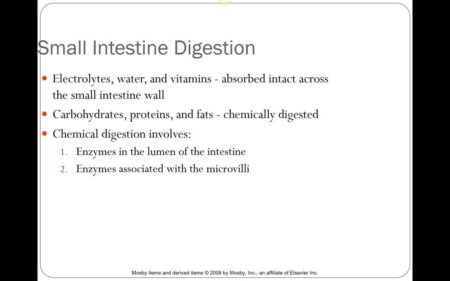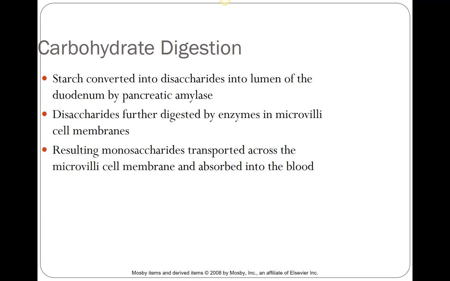Digestion in the small intestine: things that are going to be brought in are electrolytes, water, and vitamins, which are all brought across, and carbohydrates, fats, and proteins, which are chemically digested and brought across. They're brought across from the lumen of the intestine, and with the assistance of enzymes in the microvilli, they're brought into the cell, and then into the body to where they can be distributed throughout.